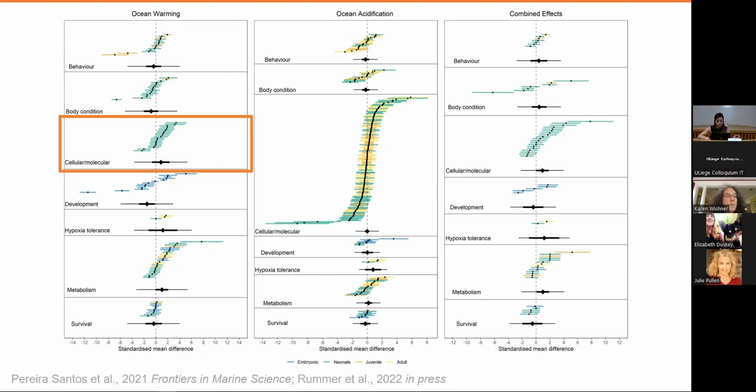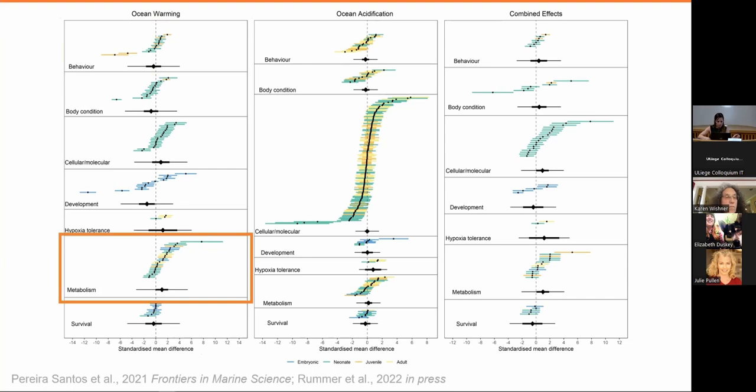Most of these traits have also been mainly examined in embryonic and neonate life stages, which are in blue and teal in these caterpillar plots here. Obviously that's probably because it's easier to look at embryos and neonates versus adults. For nearly all of these traits, with the exception of metabolism, no net effect of ocean warming has been detected across all these studies, life stages, and species combined.